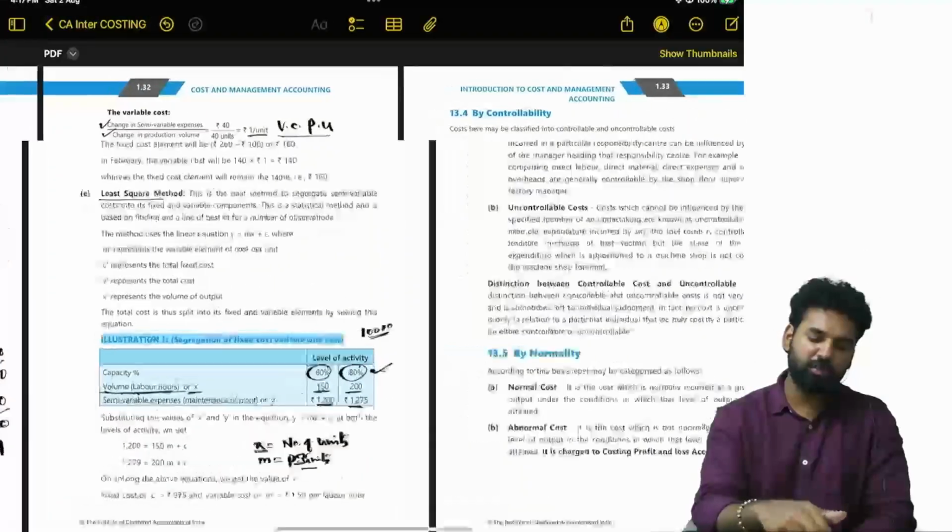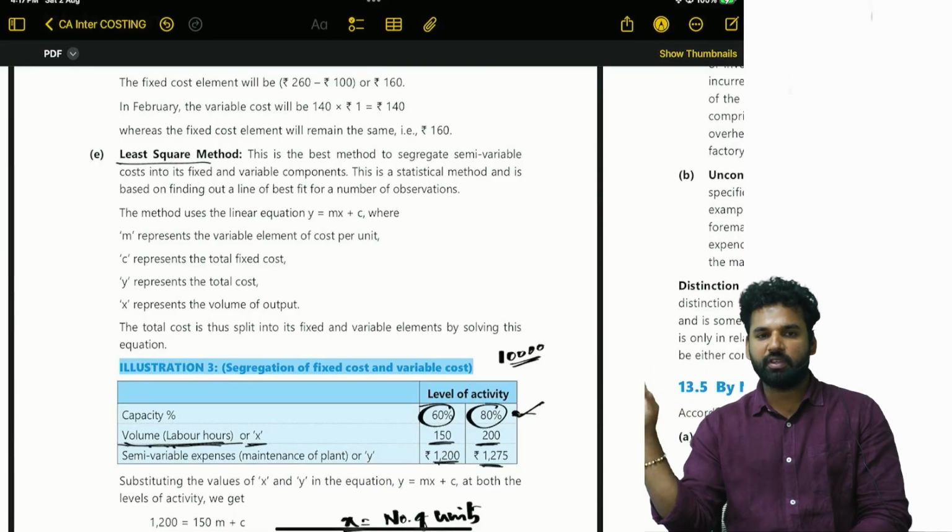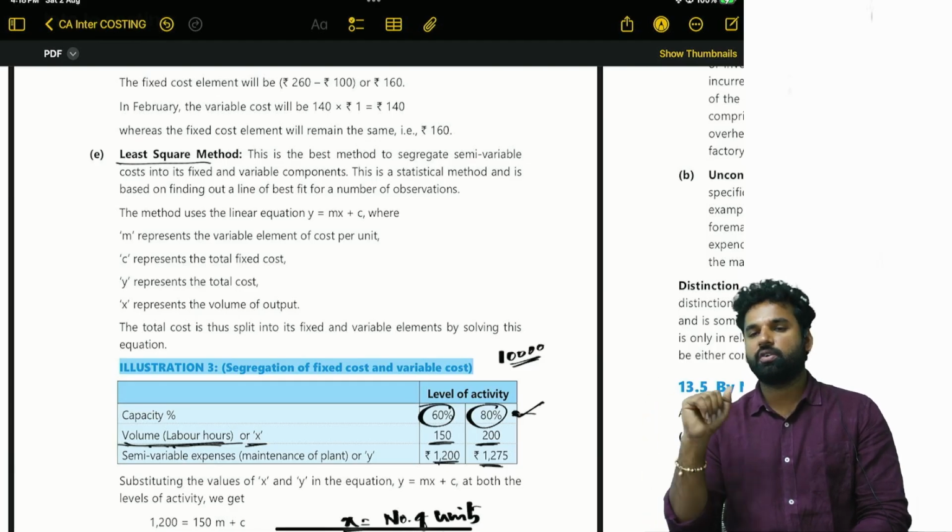Next, the least square method. There you will use a mathematical equation. Total cost is equal to variable cost plus fixed cost. Variable cost means variable cost per unit into number of units, plus fixed cost, which is equivalent to y is equal to mx plus c. Y is total cost, M is the per unit cost, X is the number of units, and C is the constant or fixed cost.